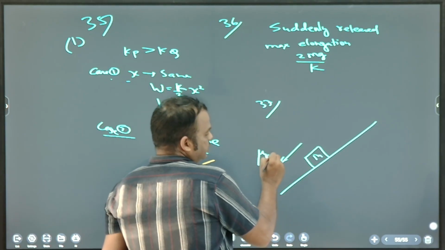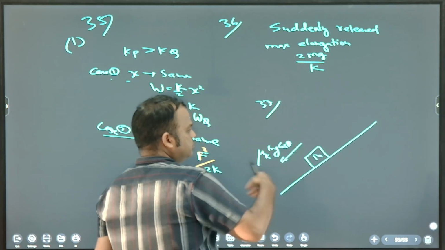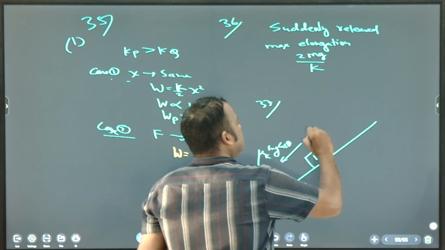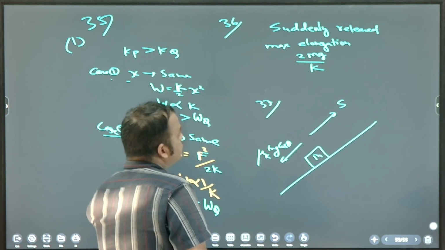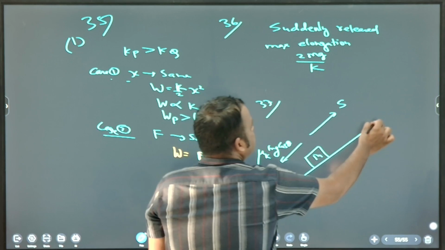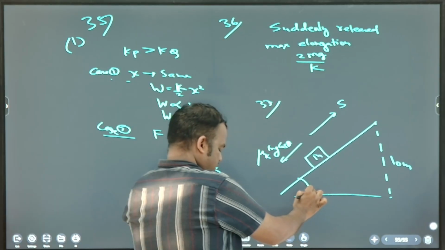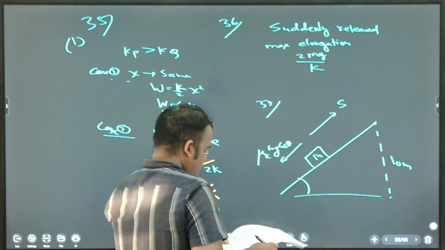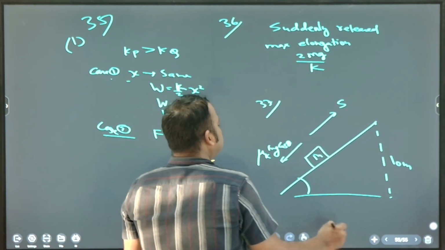Mu k mg cos theta. Displacement is s. The final height is 10 meter. Angle is not given. Okay, no problem.